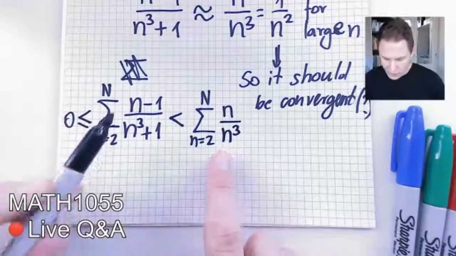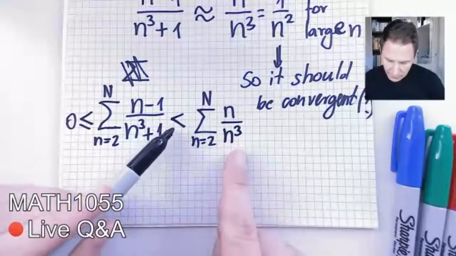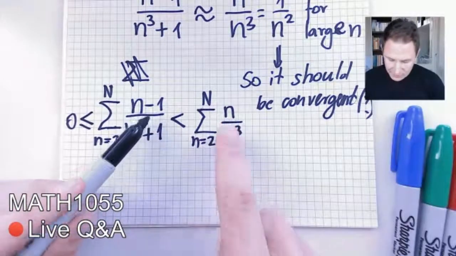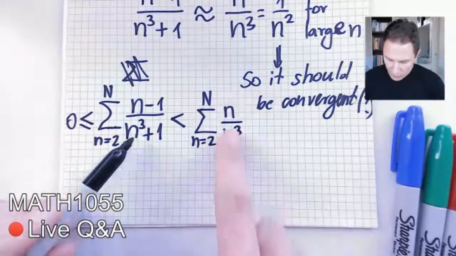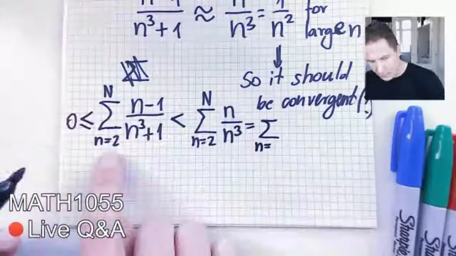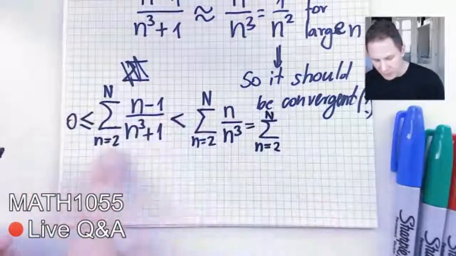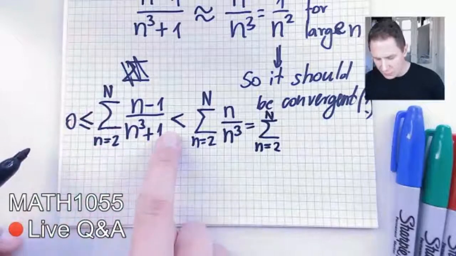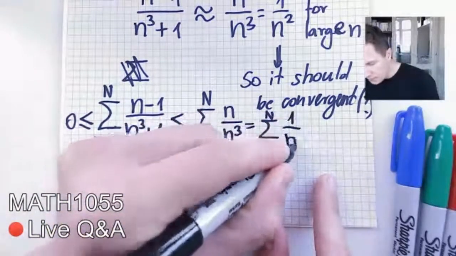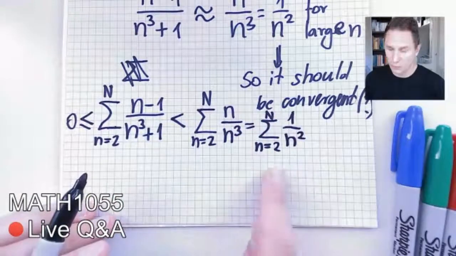Okay, so just by looking at this general term and coming up with an upper estimate by increasing the numerator and decreasing the denominator, we have found that the Nth partial sum of the series that we are interested in can be dominated, or given an upper bound, by the Nth partial sum of a series that we know to be convergent.